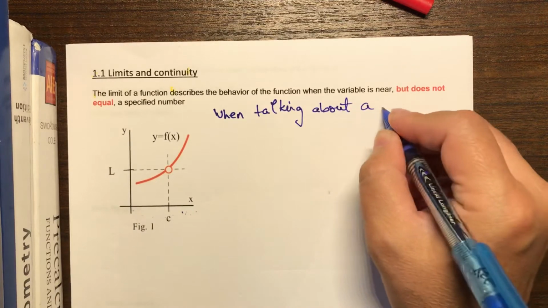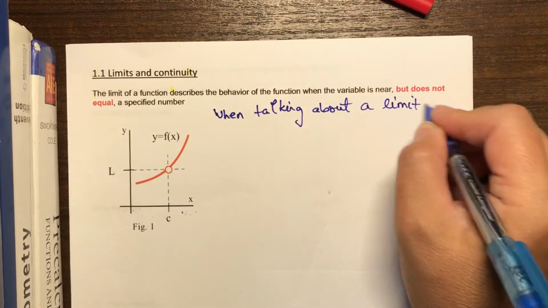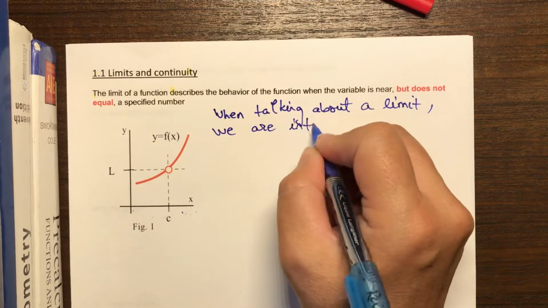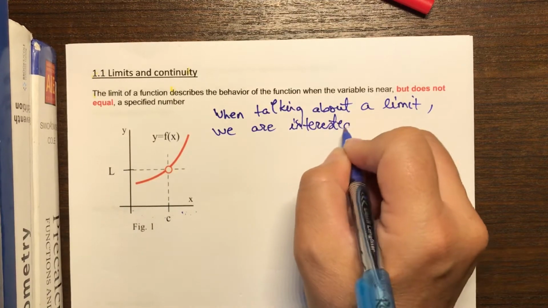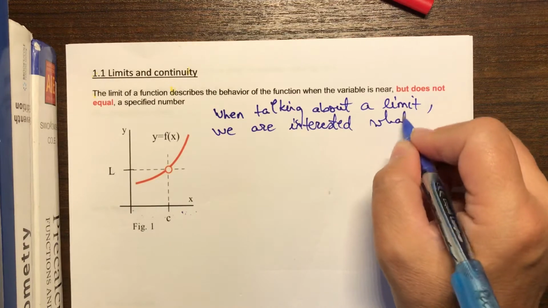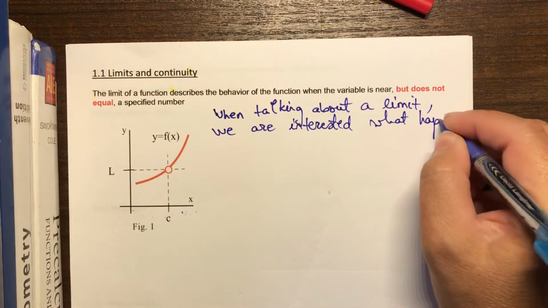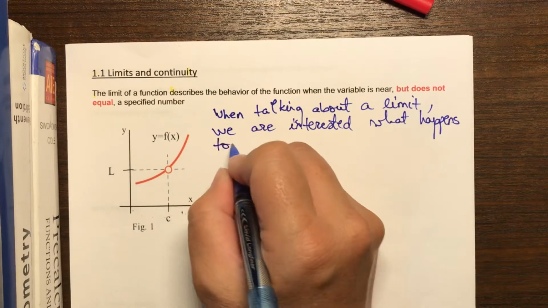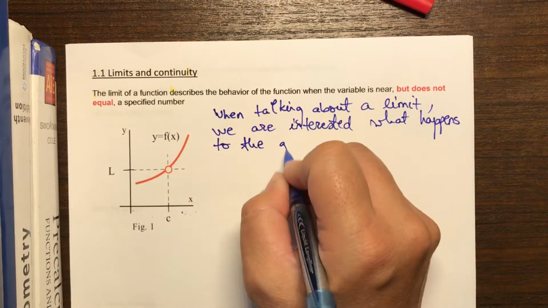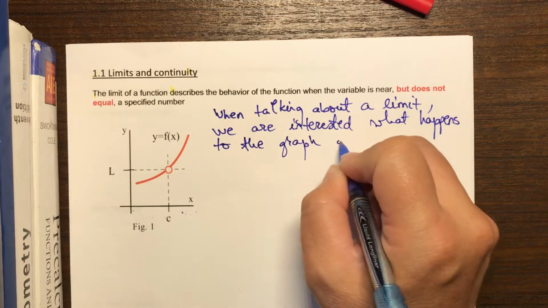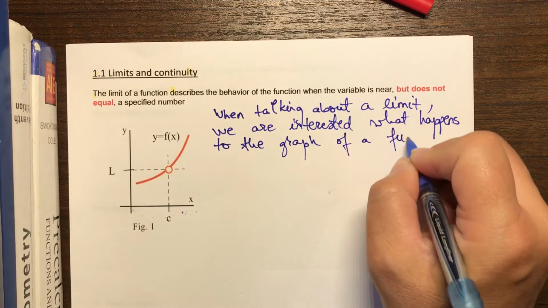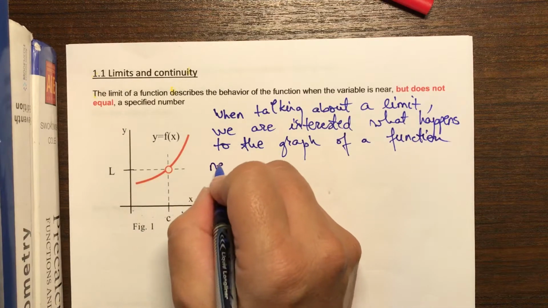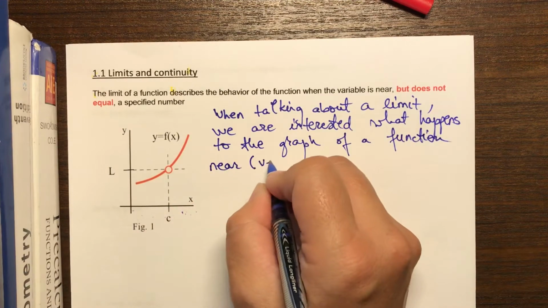When talking about a limit, we are interested in what happens to the graph of the function near, in other words, as close as you want.